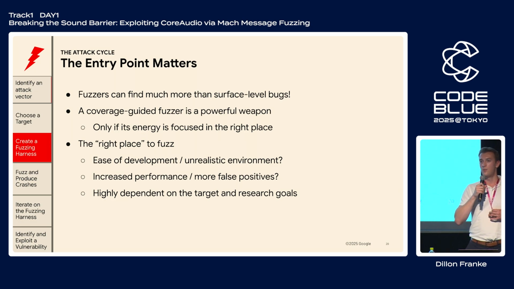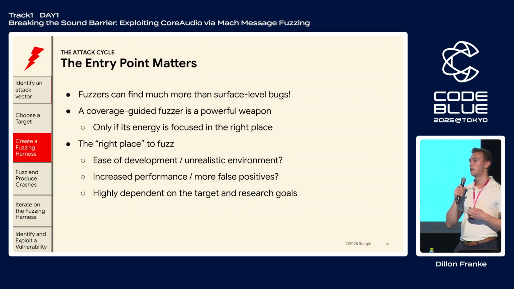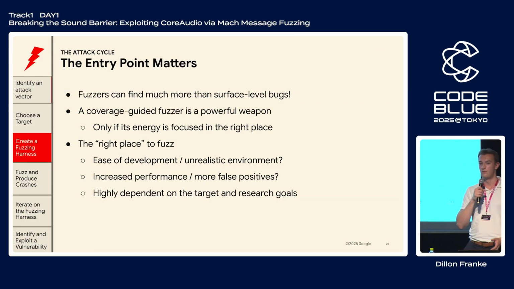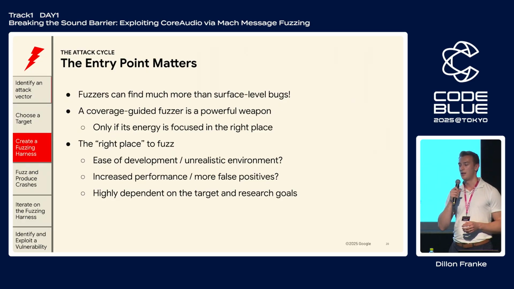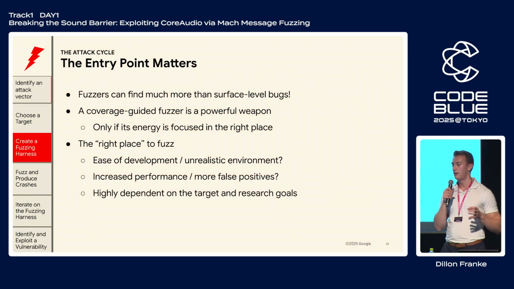When we're talking about fuzzing harnesses, this even comes up because the entry point really matters when you're talking about fuzzing. Fuzzers can find a whole lot more than just surface level bugs. It's a lot more impactful than just pointing it at a command line argument and letting it run. But we have to actually point the fuzzer towards the correct area of the code that we want to target.